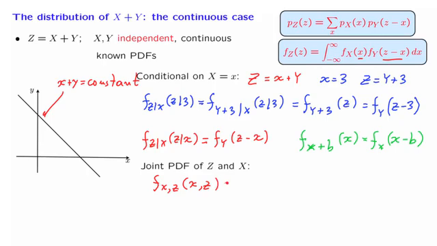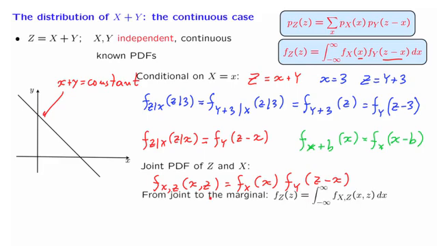By the multiplication rule, it is the marginal PDF of X times the conditional PDF of Z given X, which in our case takes this particular form. And now that we have the joint PDF in our hands, we can use another familiar formula that takes us from the joint to the marginal. If we take the joint PDF and integrate with respect to one argument, we obtain the marginal PDF of the other random variable.